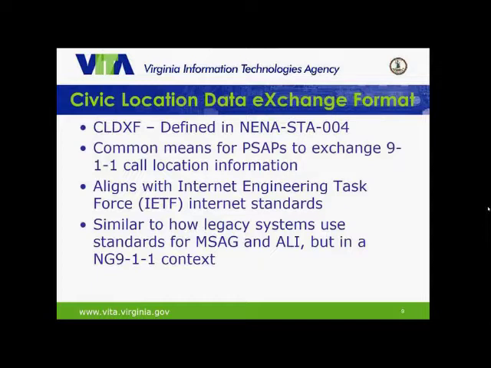For example, in the legacy 911 world, you may or may not have to spell out a street name type; it could just be RD for road, PL for place, etc. But the CLDXF standard actually requires someone to spell out the names, so street is STREET, or way would be WAY, etc. The idea behind this is so that there's no ambiguity when you're trying to match or validate an address.